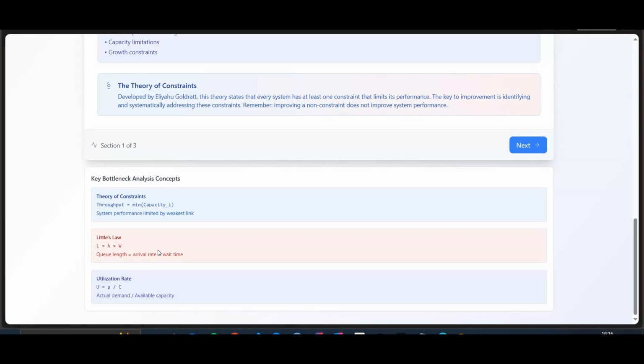That tells us that if things keep arriving faster than they are being processed, queues will grow. And the second concept is utilization. The formula is U equals rho over C, which simply means actual demand divided by available capacity. A high utilization rate often hints at potential bottlenecks.